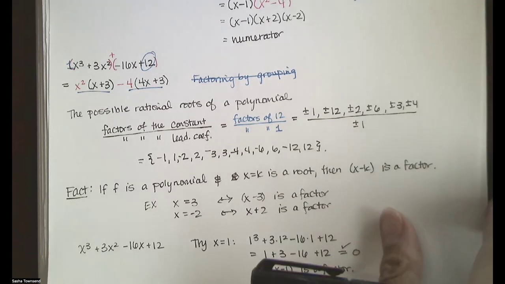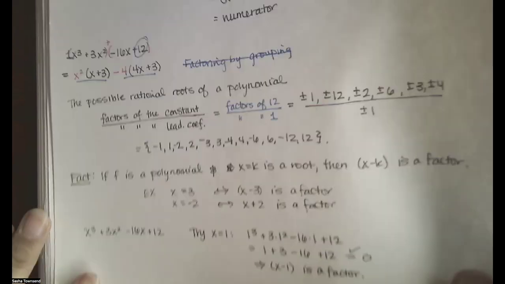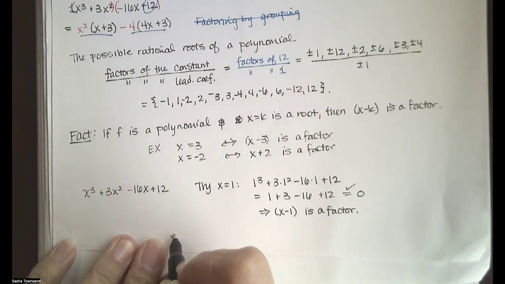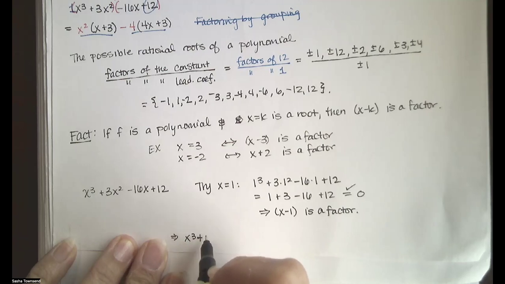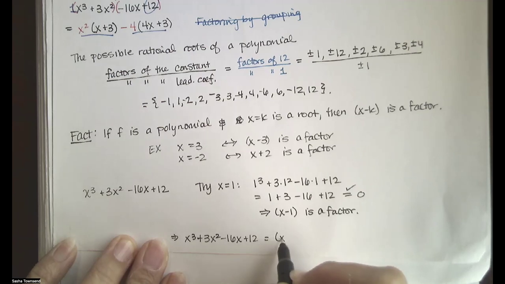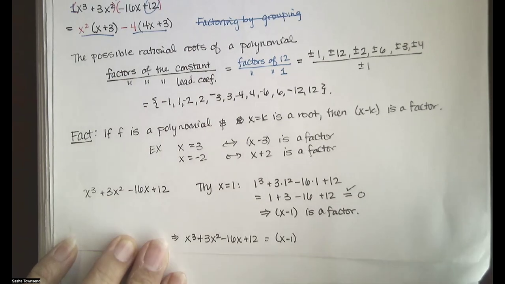Okay, well, if x minus 1 is a factor, and this is a cubic polynomial, that means that cubic polynomial can be written as one of its factors times some quadratic polynomial.